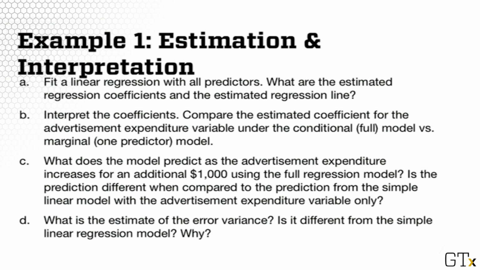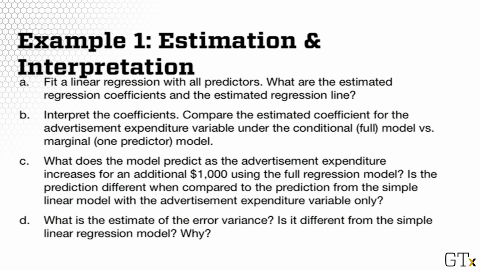Also, we would like to interpret the coefficients and compare, for particular predictors, the estimated coefficients from the conditional model versus the marginal model. Particularly here, because we already studied this example under simple linear regression, we want to see the estimated regression coefficient for the advertisement expenditure variable under the conditional and the marginal model.